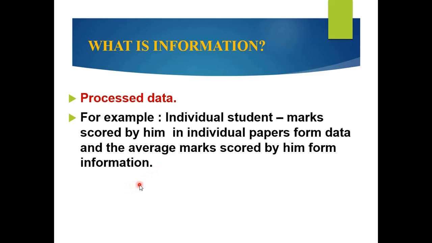Okay, data means the fact or the particular incident that happened in one place, and it should be processed to form information. The information will be meaningful, it will make us understand the full concept behind that.